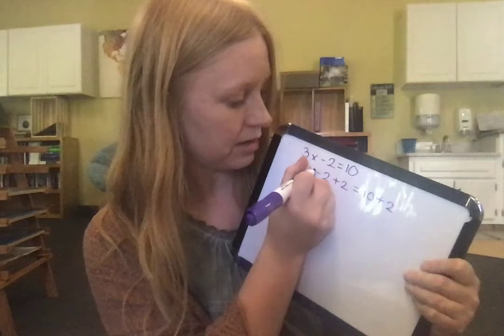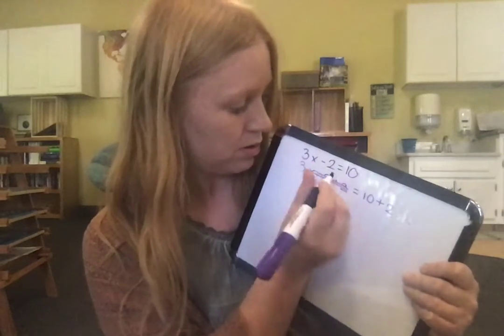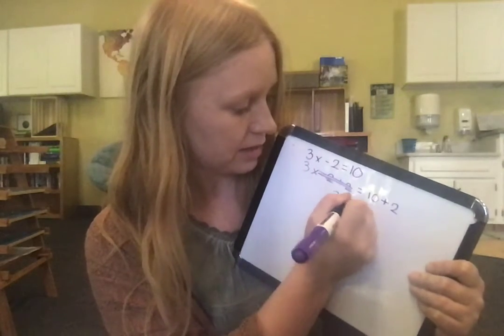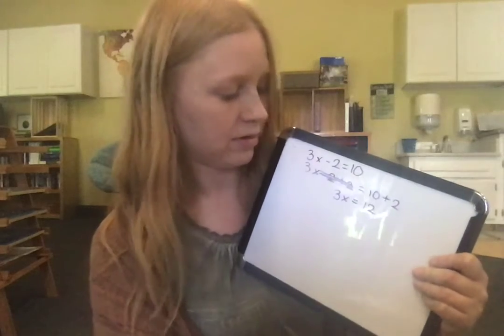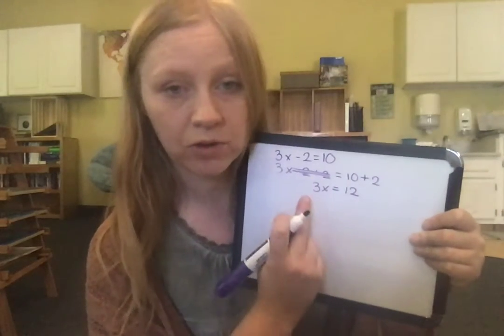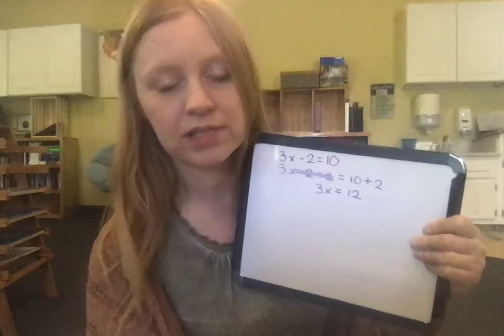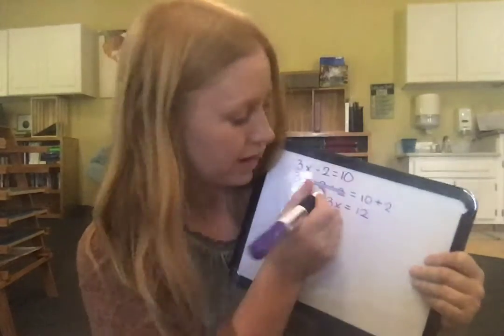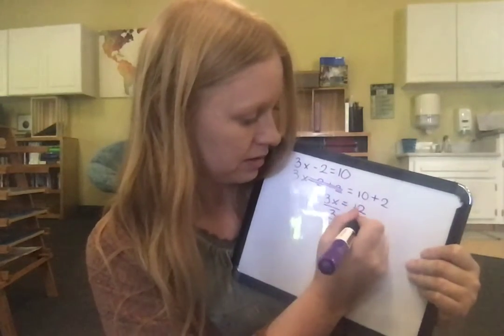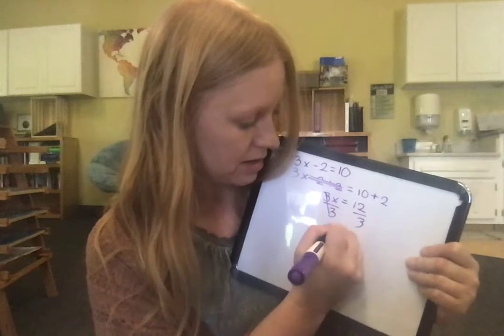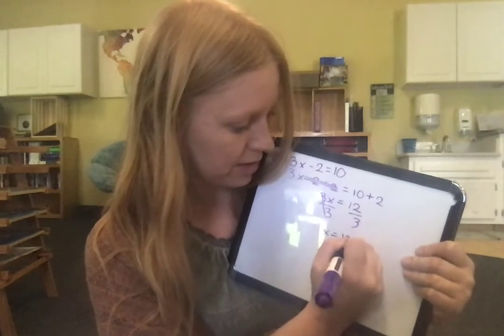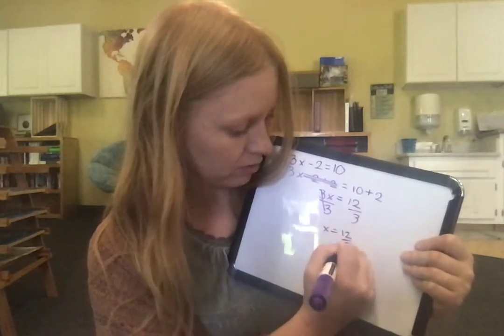Well, this is going to cancel out to 0. And I'm left with 3x equals 12. Okay, well, I'm multiplying by 3. What's the opposite of multiplying by 3? Dividing. X equals 12 divided by 3. X equals 4.